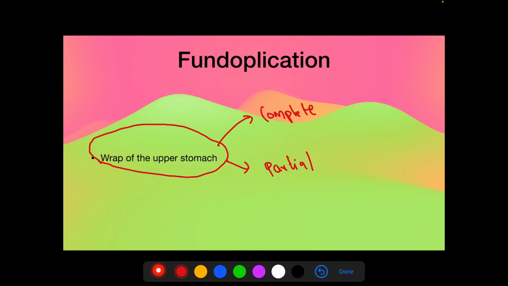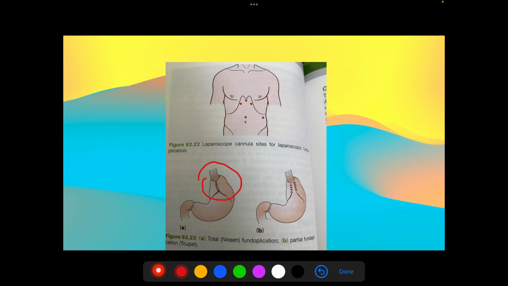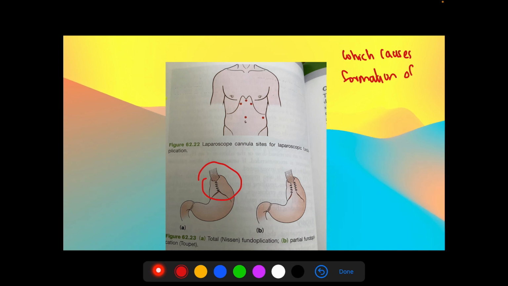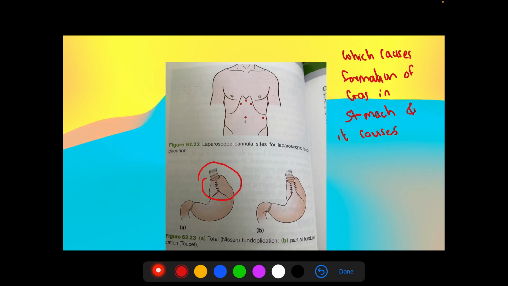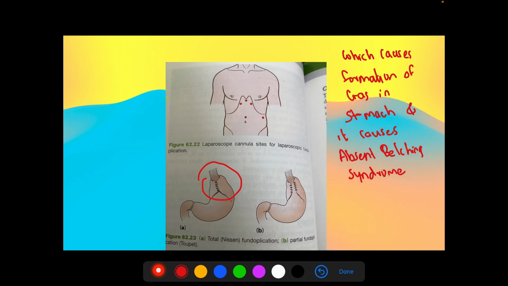Complete fundoplication causes formation of gas in the stomach, and it causes absent belching syndrome or no belching syndrome.